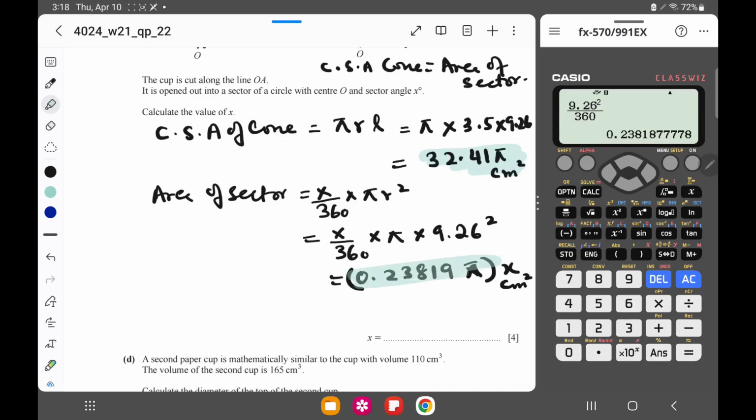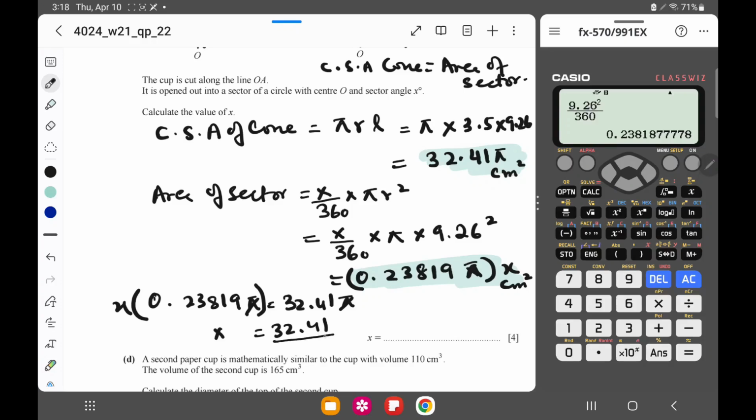The curved surface area of the cone, which is 32.41 pi, is equal to the area of the sector, which is 0.23819 pi x. Cancel the pi, and x is equal to 32.41 divided by 0.23819.